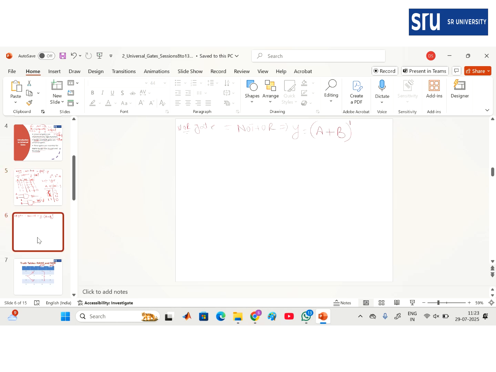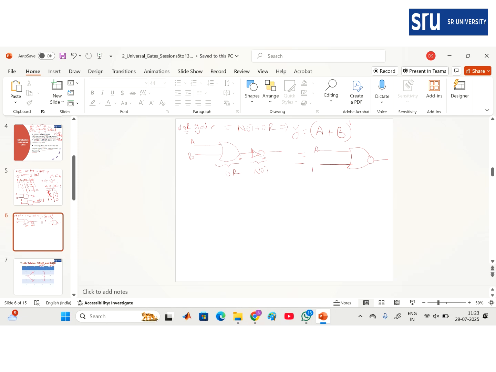Similarly, if we consider the NOR gate, this is the NOR gate logic expression. Coming to the circuit diagram, this is an OR gate, and adding a NOT at the output of the OR gate, this is OR plus NOT. So the resultant NOR gate circuit diagram will be this. The bubble that we have is added at the output.